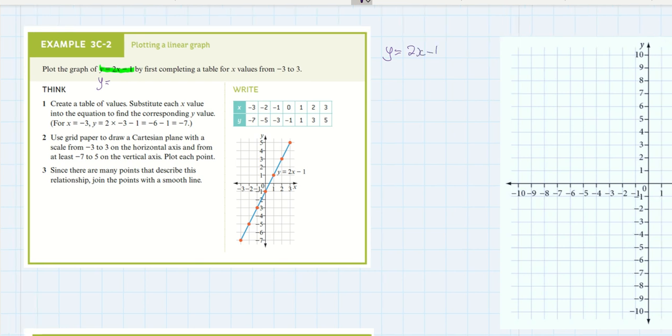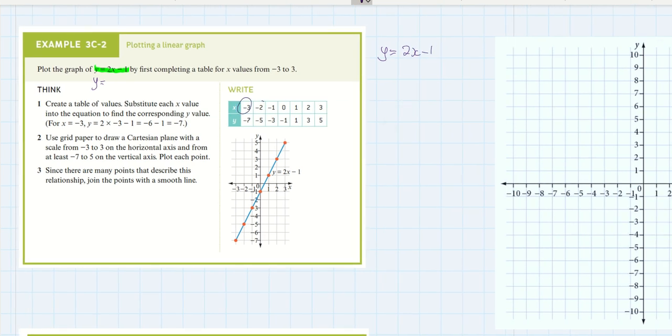Now, I've got all my x values, so I'm going from -3 to +3. So we said x is bigger than or equal to -3, but it's smaller than or equal to 3.